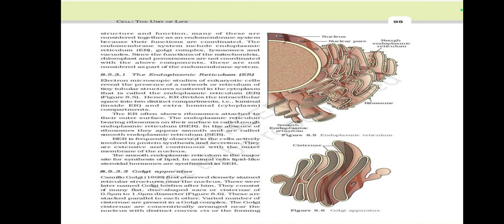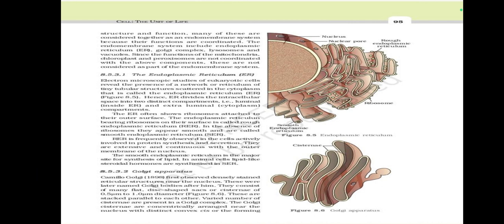They consist of many flat, disc-shaped sacs or cisternae of 0.5 micrometer to 1 micrometer diameter, as in figure 8.6. These are stacked parallel to each other. A varied number of cisternae are present in the Golgi complex.